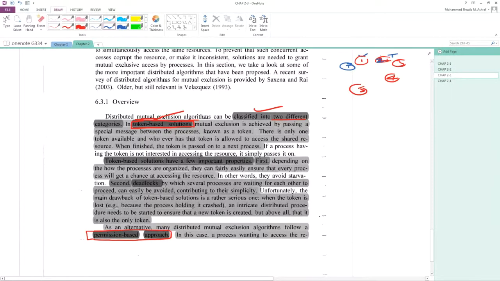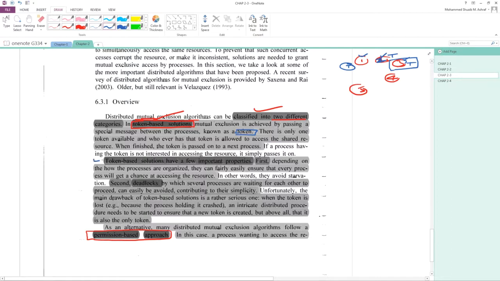So now process number 2 will access the resource. After some time, he will pass the token to process number 3. Now process number 3 will access the resource. Meaning, any process that has the token will access the resource. If a process does not have the token, it cannot access the resource. So that's why it is known as token.